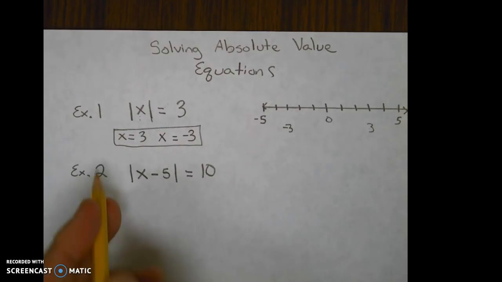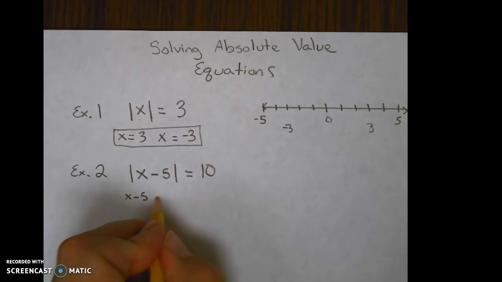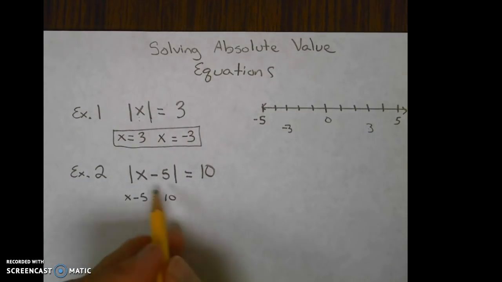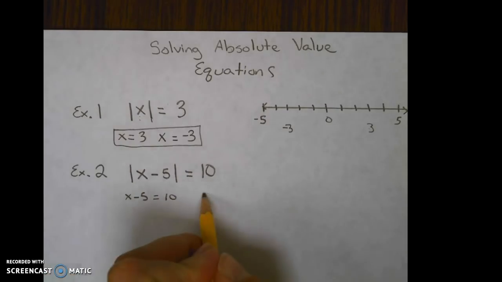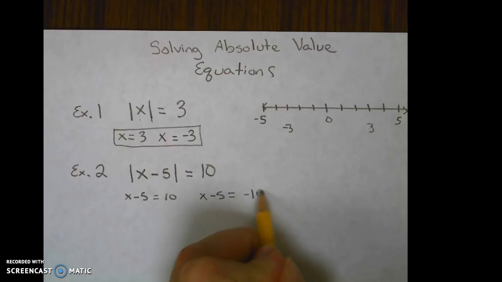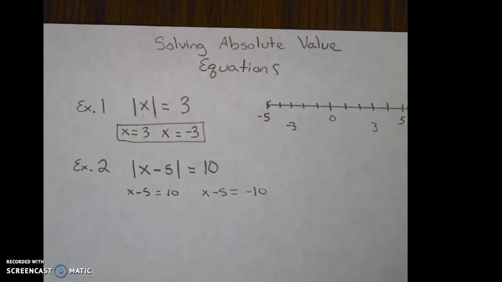Well, x minus 5 could be positive 10, because positive 10 is 10 units from 0. Or x minus 5 could be negative 10, because negative 10 is also 10 units from 0.